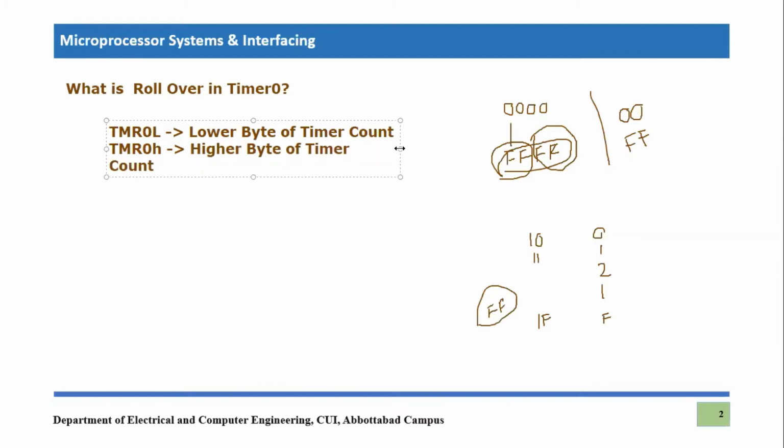So as I was saying, these FF will be stored in timer 0L, and these FF will be stored in timer 0H.